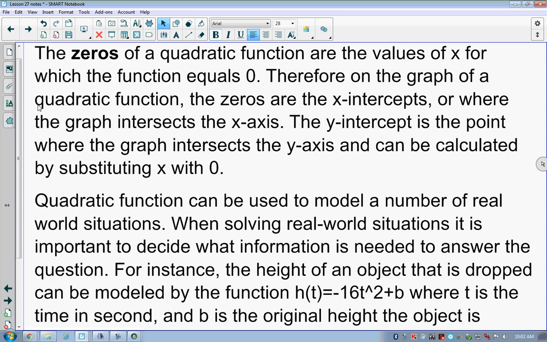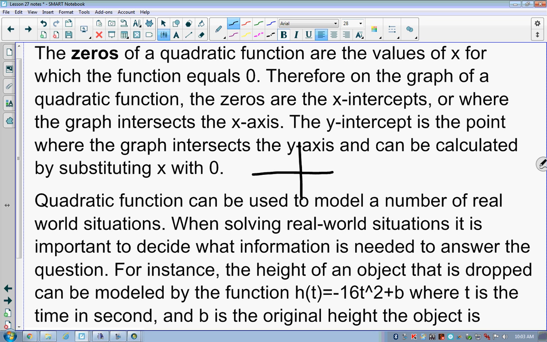It's where it crosses the x-axis, because that's where y equals 0, and y can equal 0 in more than one place. For instance, if my parabola goes like this, it's crossing the x-axis where y equals 0 in two places. So there can be more than one zero.